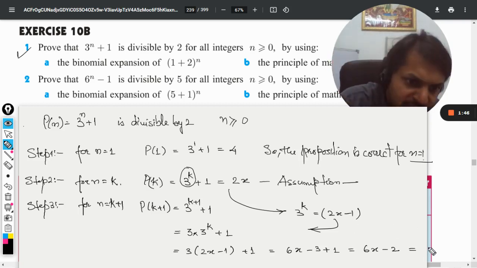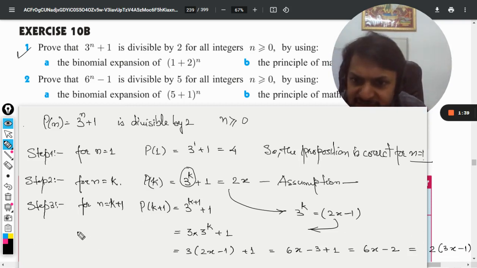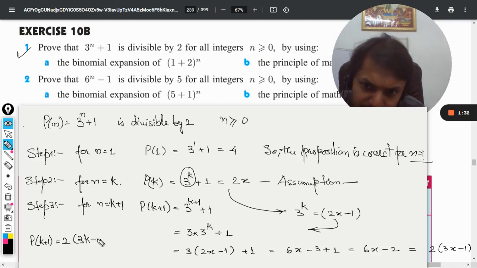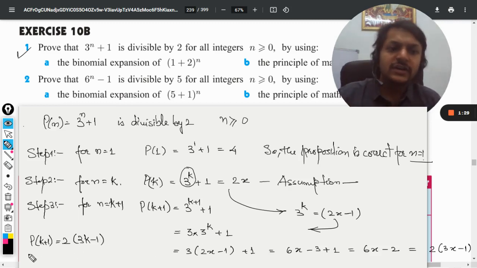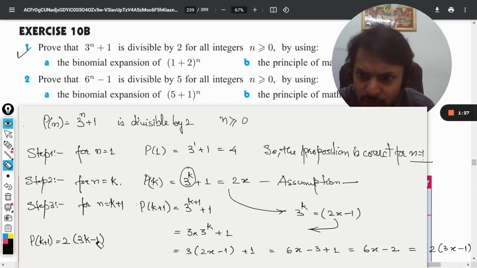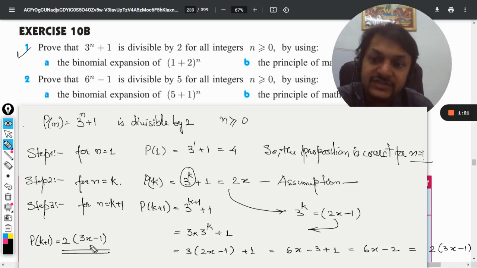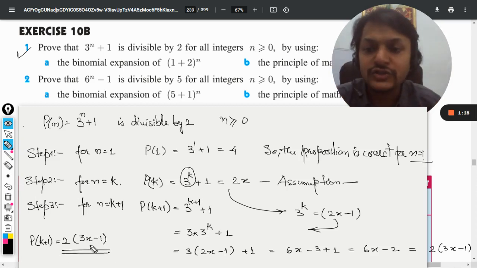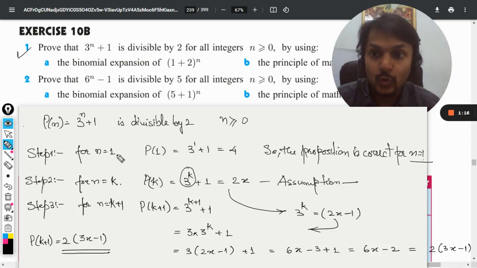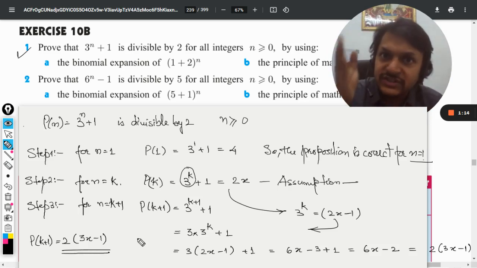When you take 2 common, it comes out to be 3x minus 1. So I can say that this p of k plus 1 is coming out to be twice of 3x minus 1. And hence, yes, this is also divisible by 2.